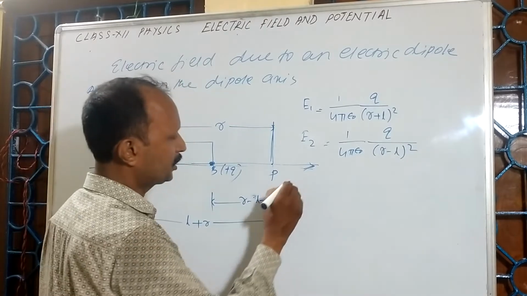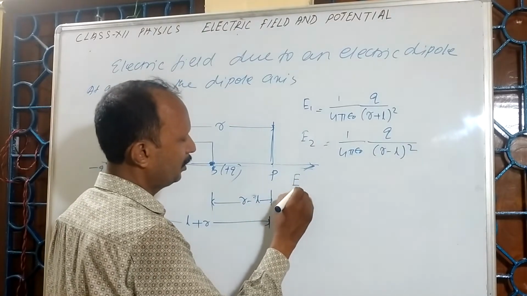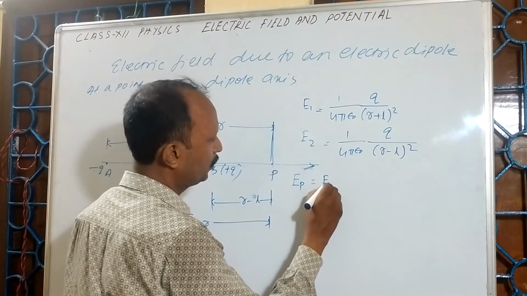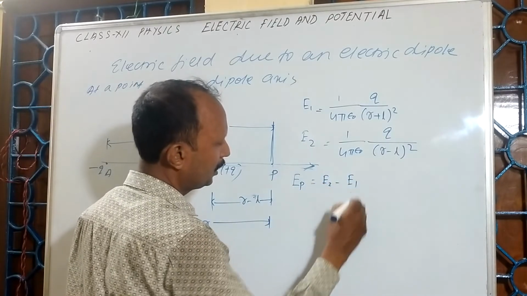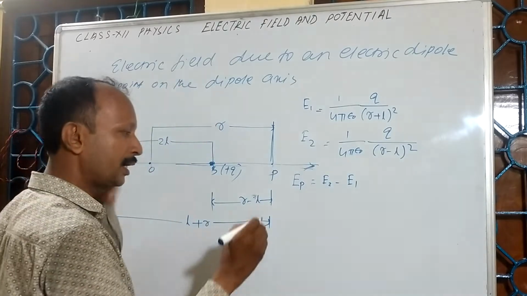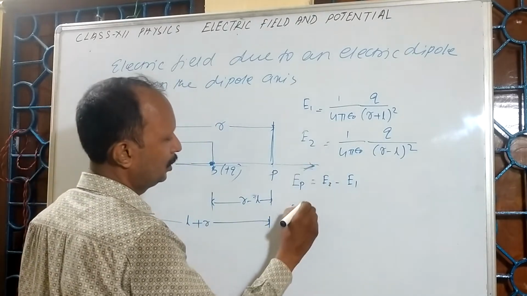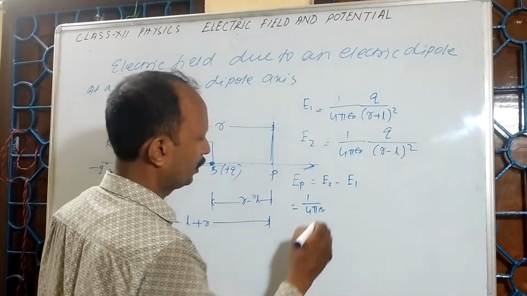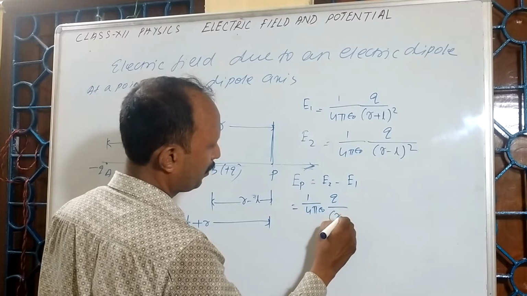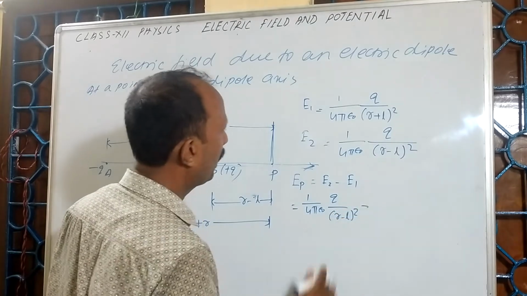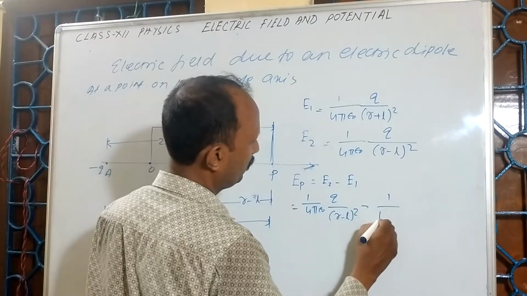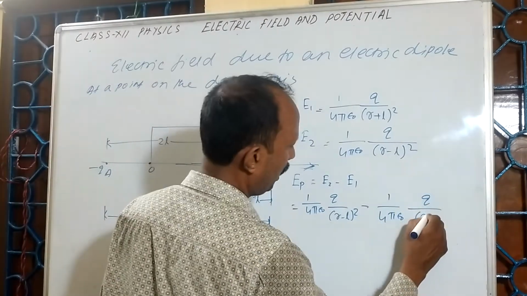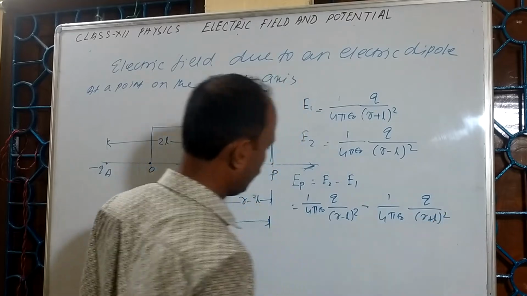So the net field at the point P will be equal to E2 minus E1. I can write this is equal to 1 upon 4 pi epsilon naught Q upon r minus L square minus 1 upon 4 pi epsilon naught Q upon r plus L square.